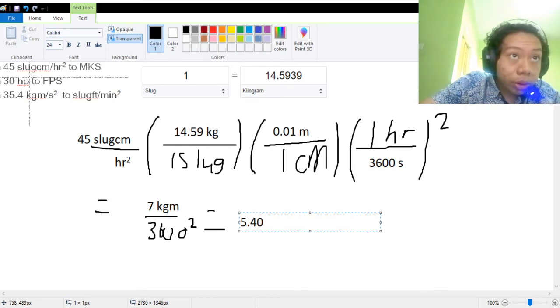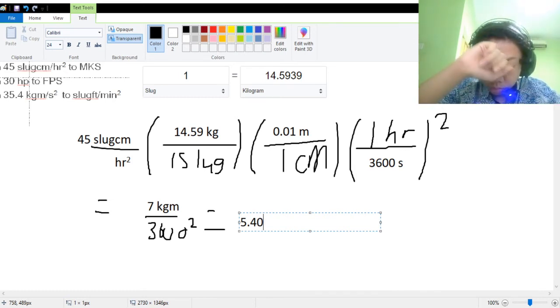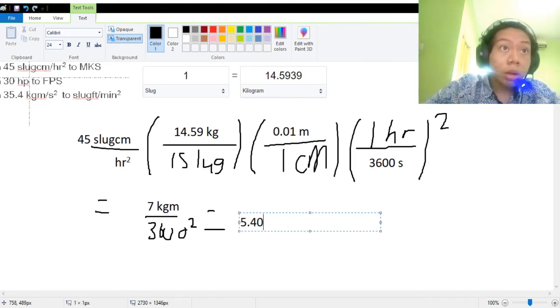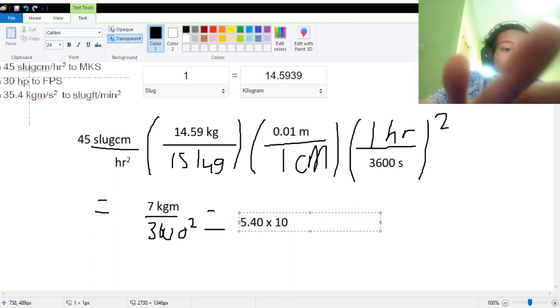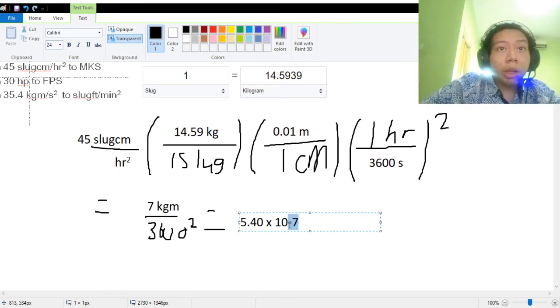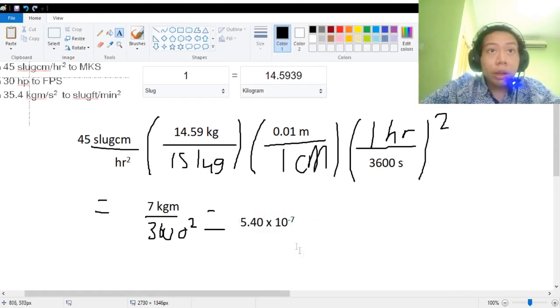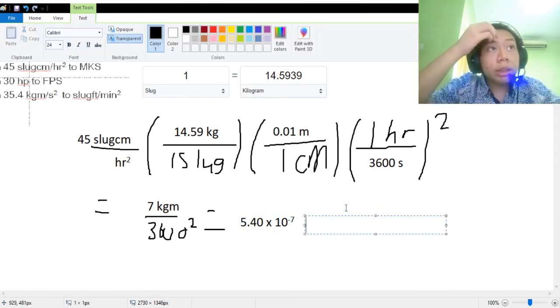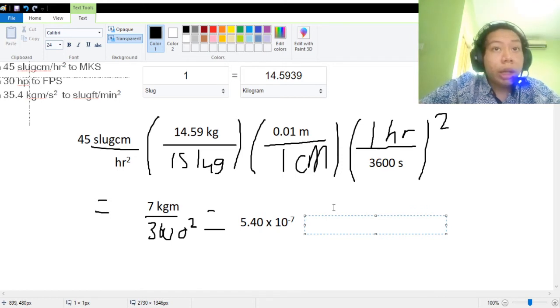So it is 5.40 times 10 to the power of -7 Newton. In MKS, it is Newton.